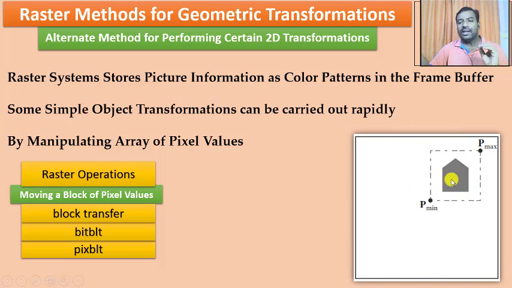So now there is an object to which I need to apply some sort of transformation. To apply the transformation for this object, I need not work on every pixel of the frame buffer or the display. I am going to work on only the pixel area where the object is currently situated.